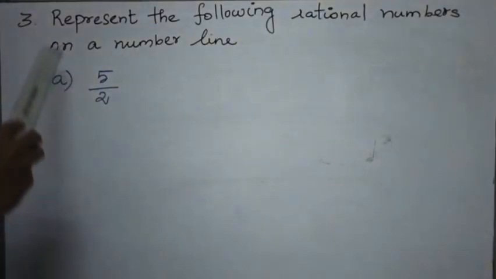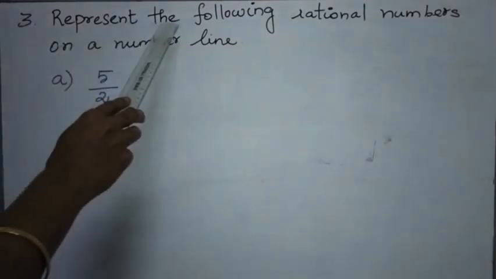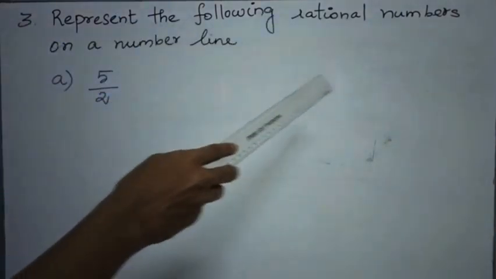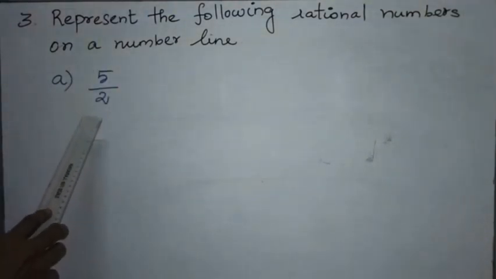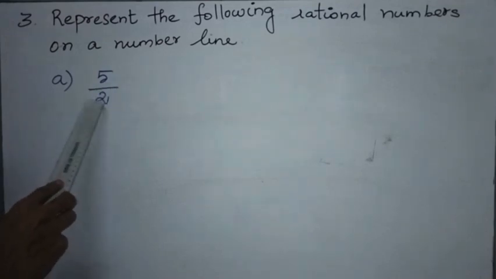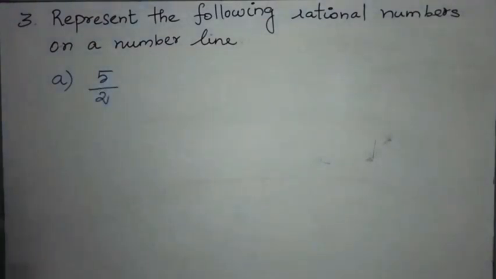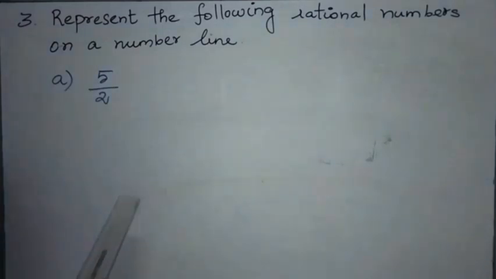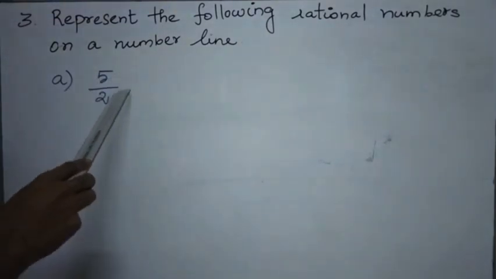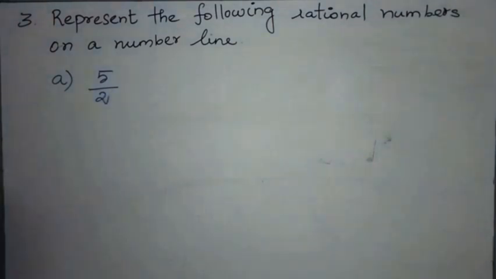Next, see the third sum. Represent the following rational numbers on a number line. So the given rational numbers, first we have to take and divide the unit length into equal parts. First we have to divide 5 by 2.